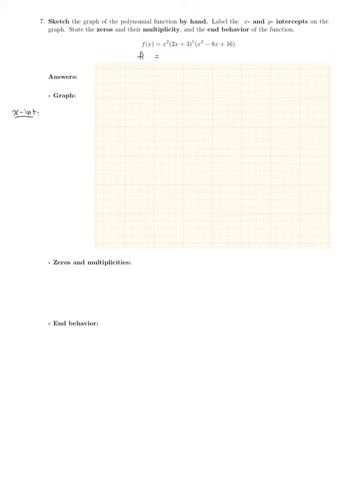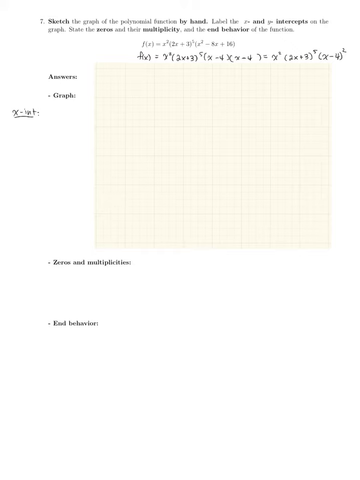So f of x is going to be x squared times (2x plus 3) to the 5th. Now this is x minus 4 and then another x minus 4. So this is the same thing as x squared (2x plus 3) to the 5th, and then (x minus 4) squared. Okay, so let's go back to the x-intercept.